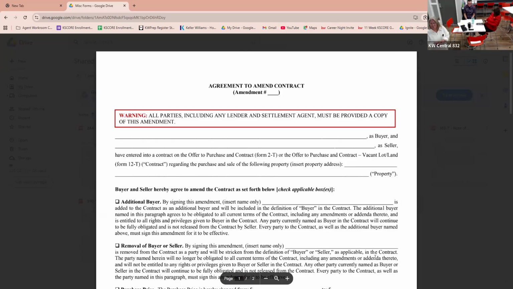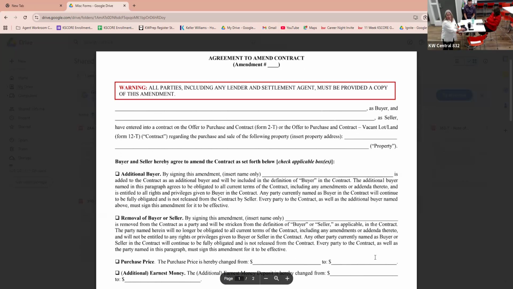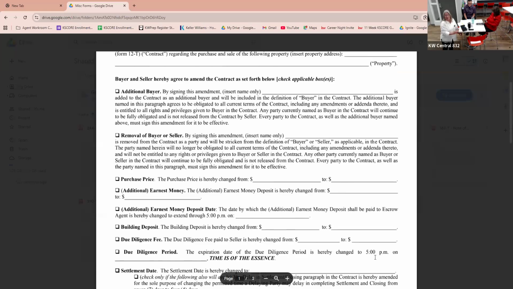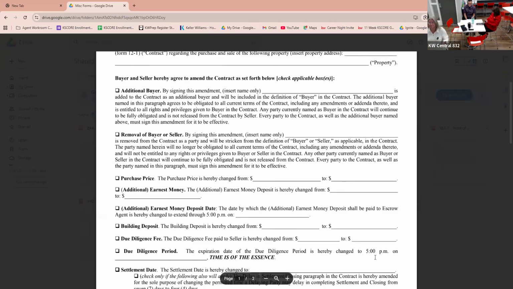So let's say that we needed to remove a buyer because one of them has bad credit and they couldn't get the loan with that party on there. So, all right, we're going to get them off of there. Go ahead and do it.